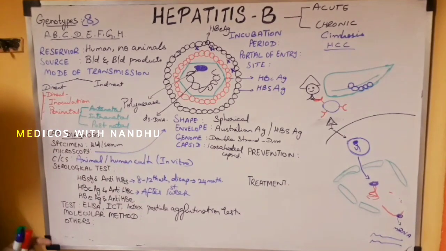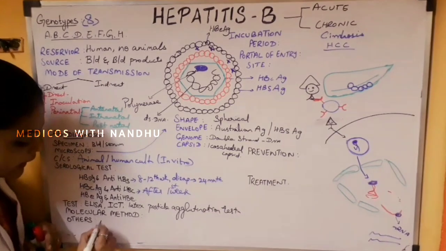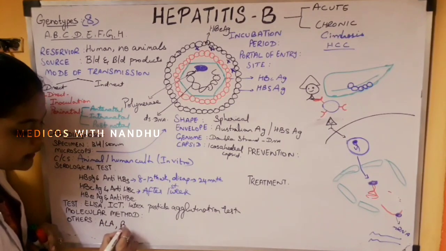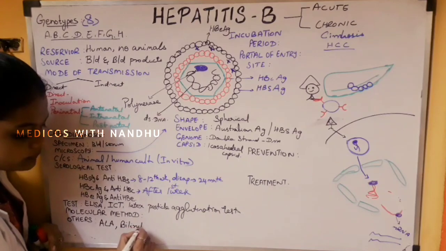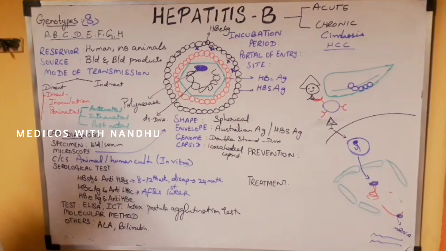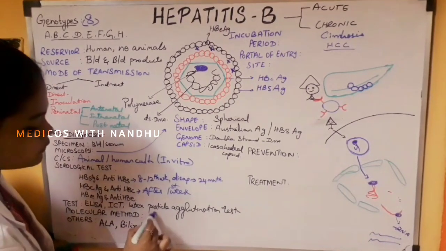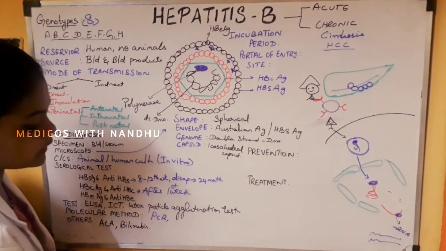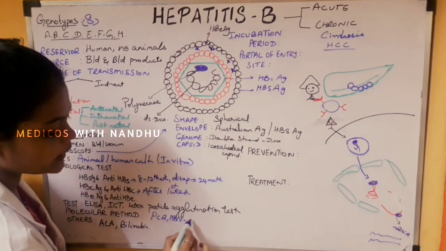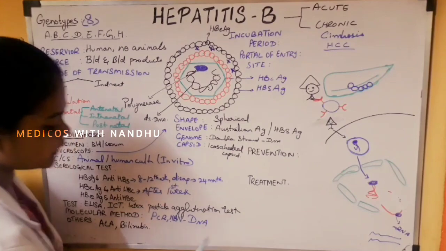Other tests like alanine aminotransferase test and bilirubin test can be done. Molecular method PCR, polymerase chain reaction, can be done, and hepatitis B virus DNA test can be done.